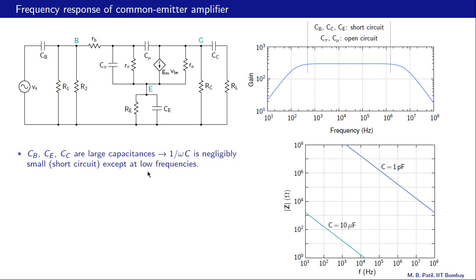Now this can be seen in this plot here, where we are plotting the impedance presented by the capacitor as a function of frequency, essentially this 1 over omega c. And because it's a log-log plot, both of these axes are log axes, this quantity looks like a straight line.